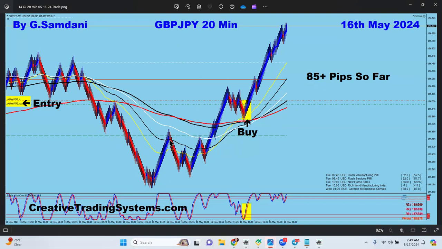Otherwise, this is what happened to me, right? Even if I would be sleeping, the price would go here and take me out at break even, right? The EA already has a code that automatically moves the 25 pip SL to break even as soon as we move 25, 30 pip. You can set that up, right? In profit, the EA moves it automatically to break even.